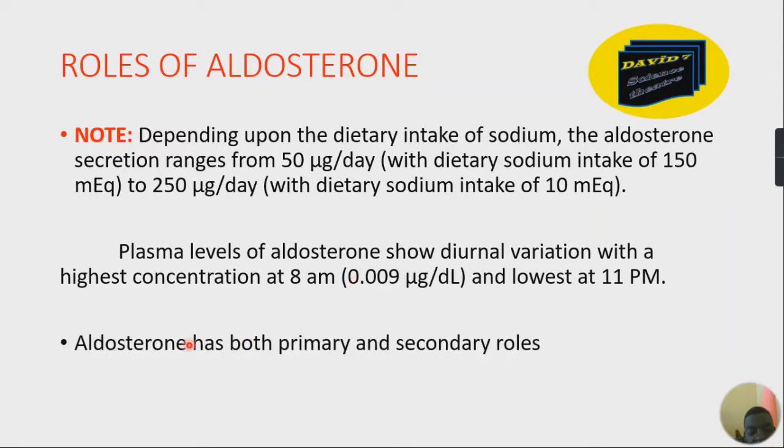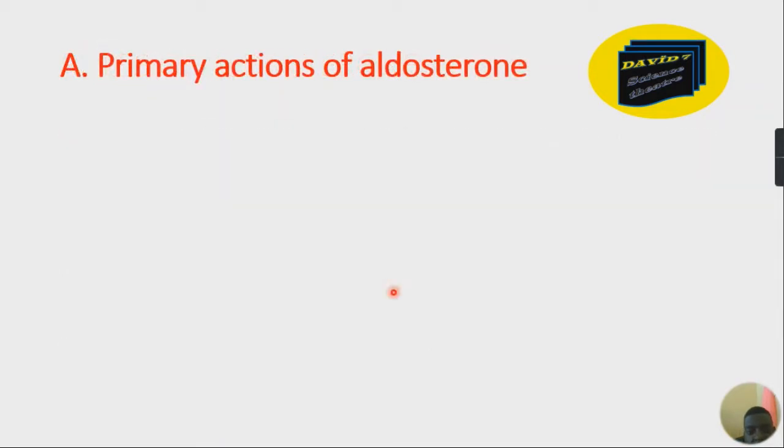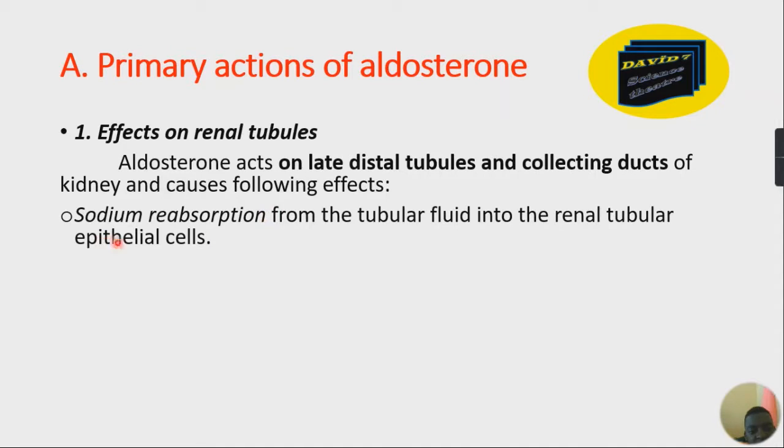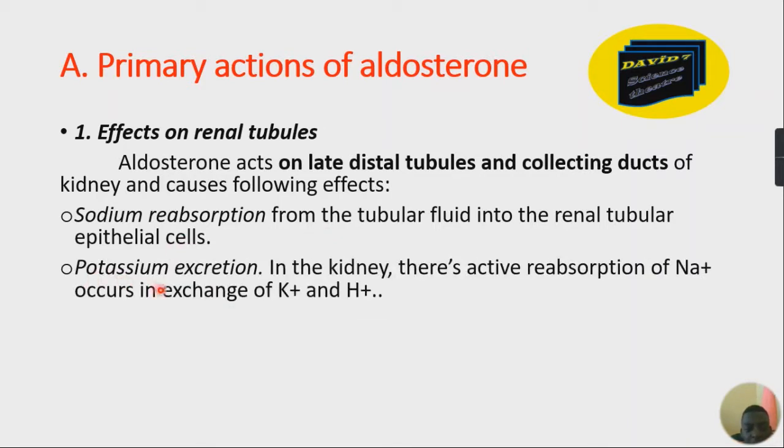Okay. So aldosterone has both primary and secondary roles, and the primary actions of aldosterone will include effects on the renal tubules, and these are four and many. For example, look at this. It acts on the late distal tubules and collecting ducts of the kidney nephron and causes the following effects. 1. Sodium reabsorption from the tubular fluid into the renal tubular epithelial cells. And 2. Potassium excretion.